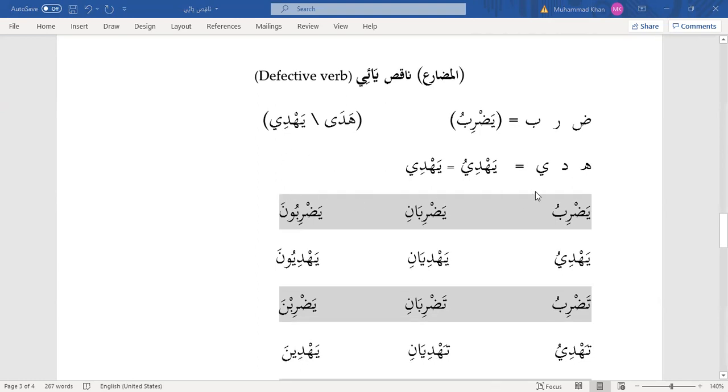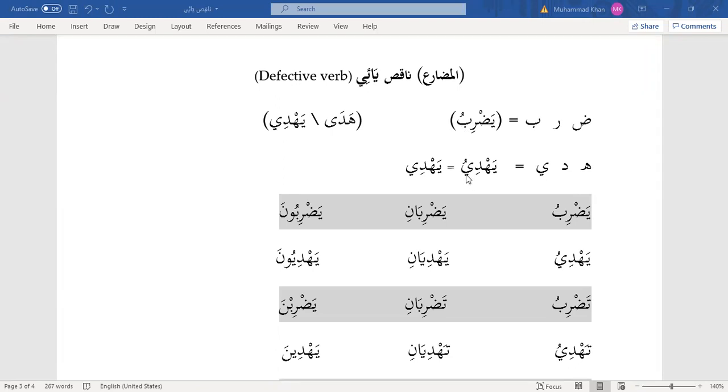So then hada is clear, and then we have the mudari on the pattern of yadribu. So it will be yahdiyu. Yadribu, yahdiyu. Ya is sakin, ha is sakin, ra has kasra, dal has kasra, and ba has dhamma, and ya has dhamma.